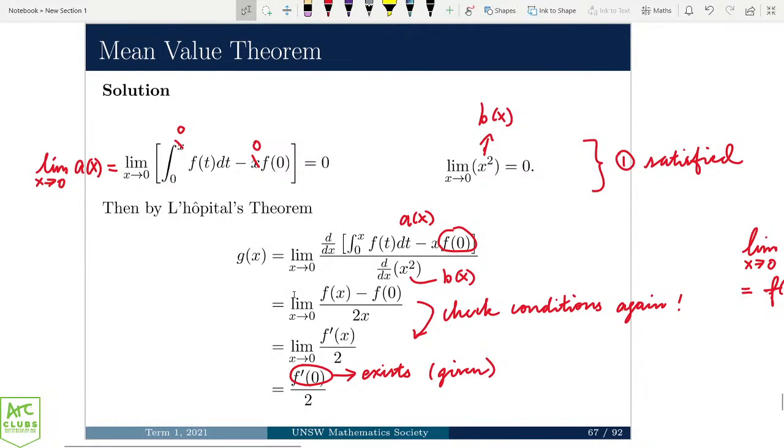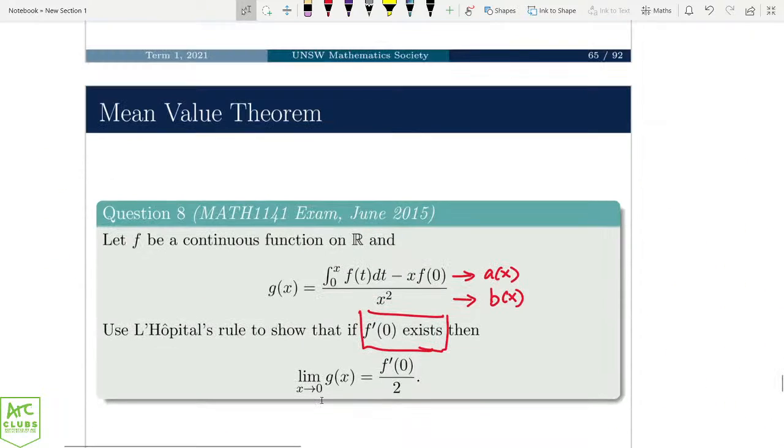So that's how we can say that for each of the two scenarios where we applied L'Hopital's theorem, we're dealing with a function where our second condition is satisfied as well. And so we can successfully prove that the limit of g(x) is equal to f'(0)/2, as required in the question.